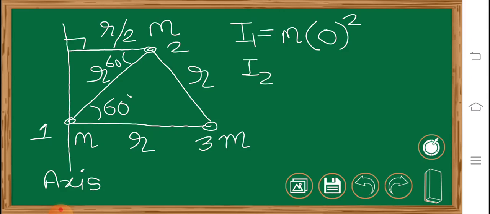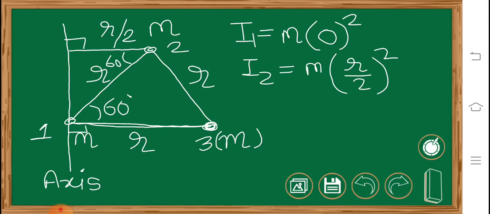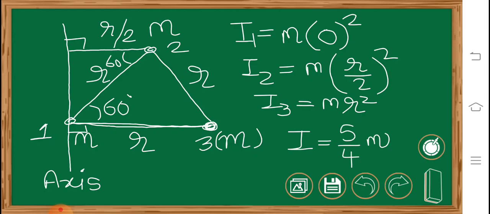So I2 will be equal to m r by 2 square. Now this third particle having mass m is at a perpendicular distance r, so I3 will be m r square. Now if we add all the three moment of inertias, we can get I is equal to I1 plus I2 plus I3, which will give us mr square by 4 plus mr square, which means 5 by 4 mr square.